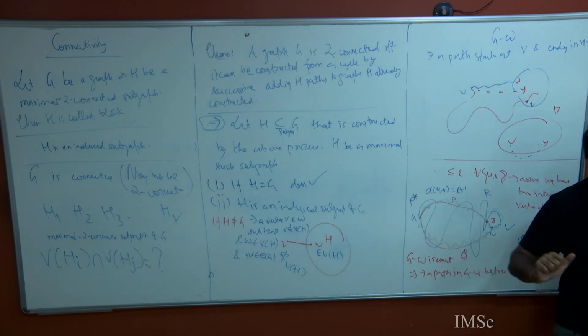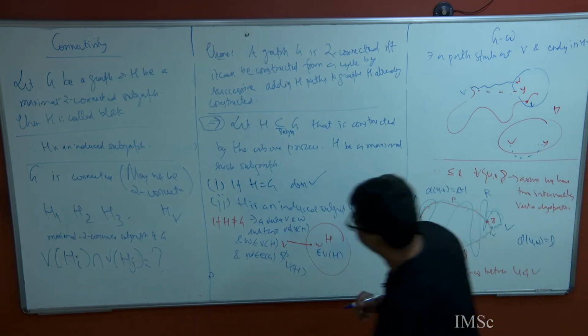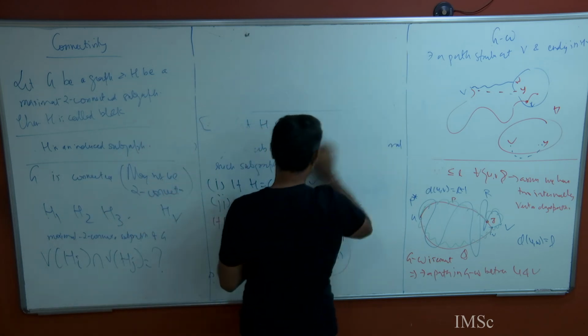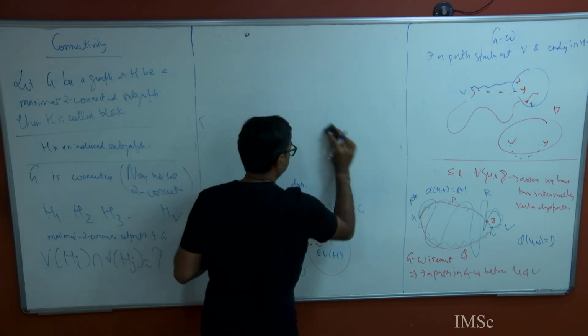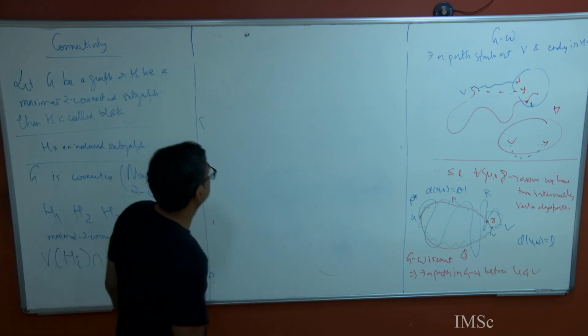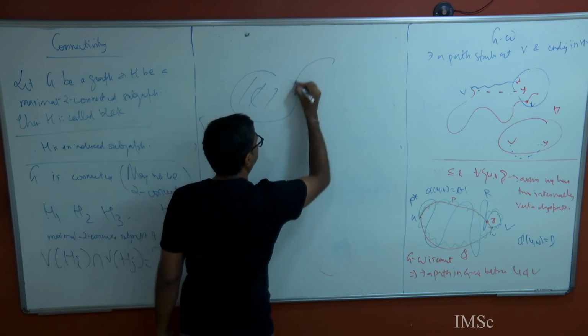But now the graph may not be two connected. So it's not that you can get anywhere. For example, let's see one example. I give you two cliques, K_n and K_n, sharing a single vertex.